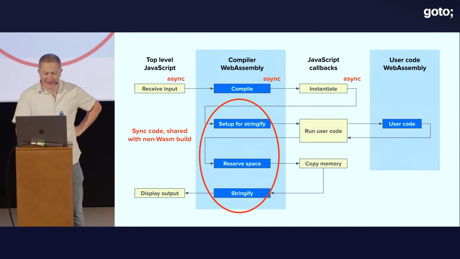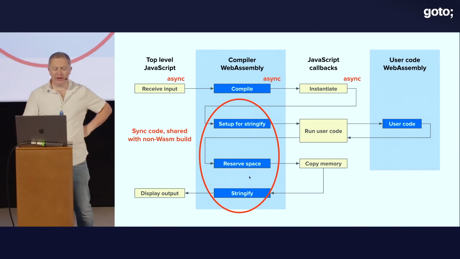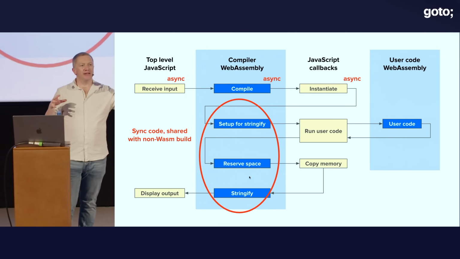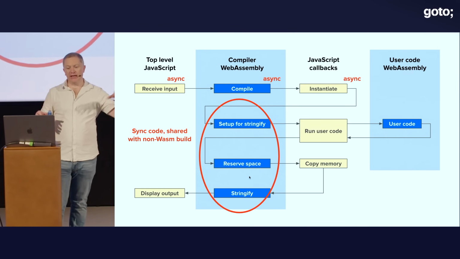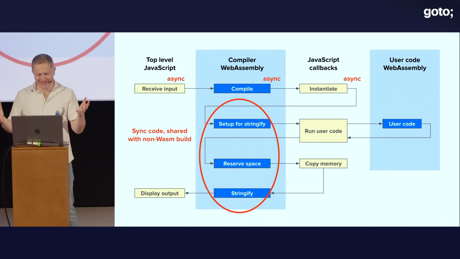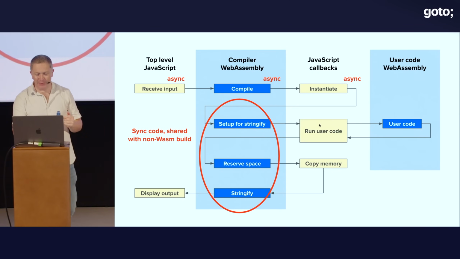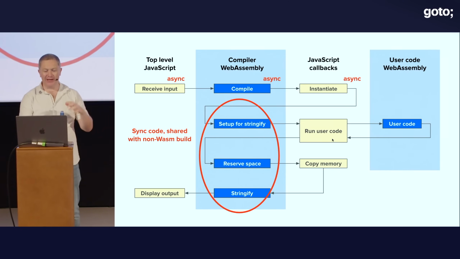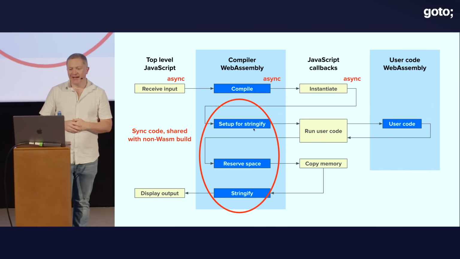Now, there was some shared code in here that we are actually sharing between the terminal CLI REPL and the web REPL. And we just didn't really want to make that async all the way up, which is what would happen if this run user code and instantiate were stuck together. Then some of this would have to be async too. Now, we could have done that.